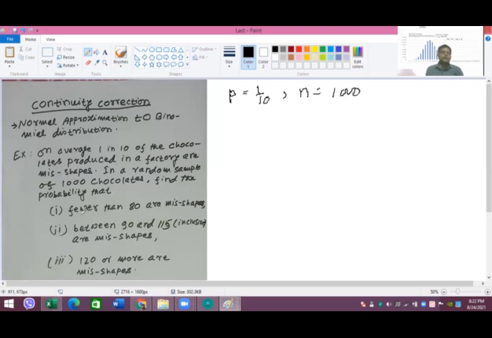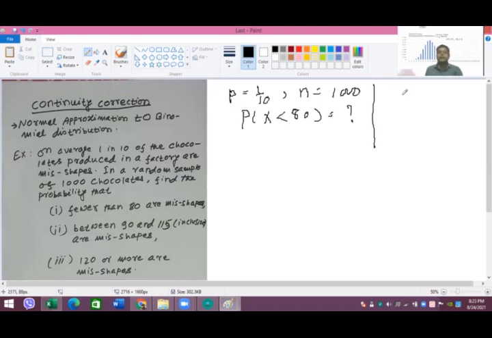Then it says find the probability that fewer than 80 chocolates are misshapes. So out of 1000, 80 are misshapes. That means this is the case of binomial distribution, and if you apply the binomial distribution formula, it requires a lot of time and effort, and that will be a tedious calculation. Therefore you check whether the condition for the normal approximation to the binomial distribution is met here.